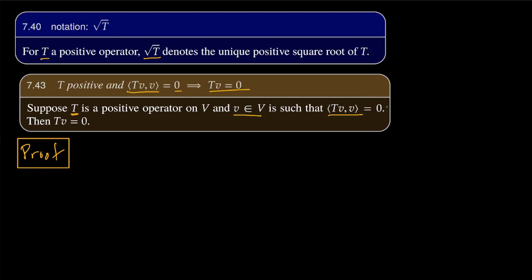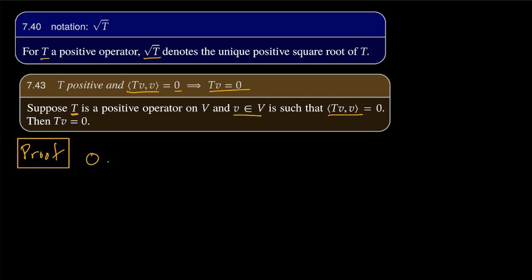It says that for positive operators, if the image of a vector is orthogonal to that vector, then the image of that vector is 0. This says that we can rule out the case of something like the 90-degree rotation in R2. All right, so let's show it.